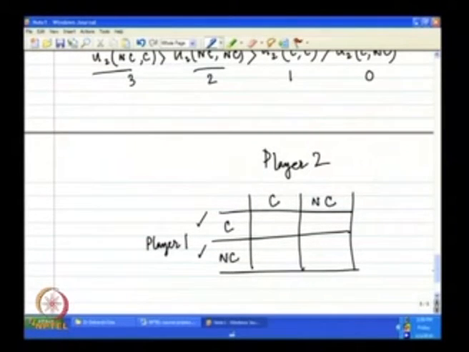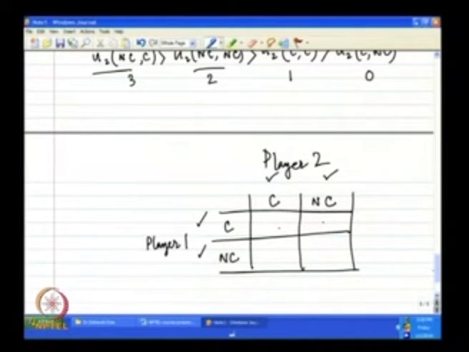Similarly, player 2 can choose either of these two actions, but here they are columns, not rows. Given this, there are 4 cells, and each cell is representing an action profile. For example, the first cell is representing the action profile CC. This top right cell is representing the action profile C, NC, that is the first player is choosing confess, the second player is choosing not confess, etc.